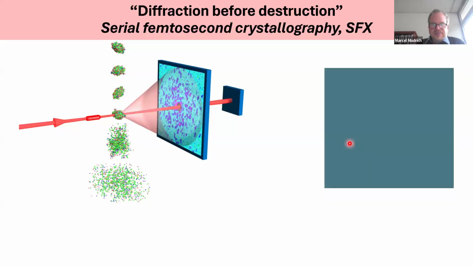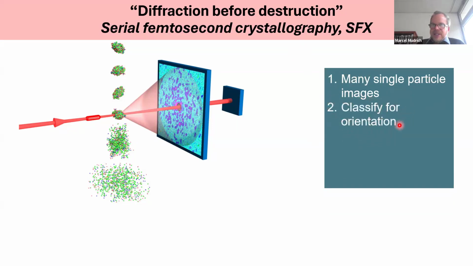So that's serial femtosecond diffraction imaging. Of course, it requires many single particle images, and requires classification methods, for example, classifying according to the different orientations.